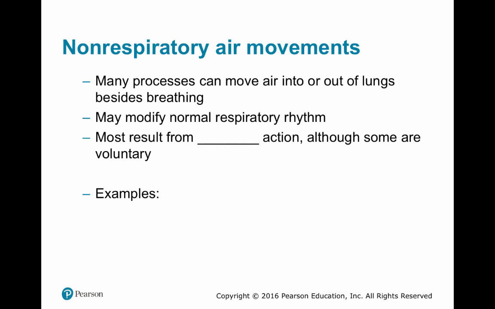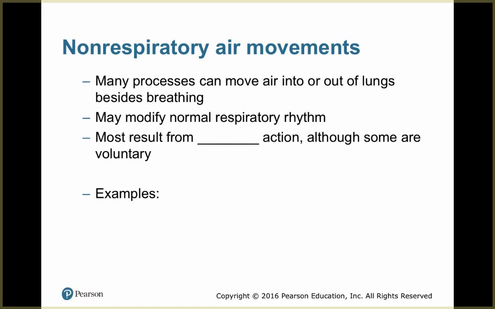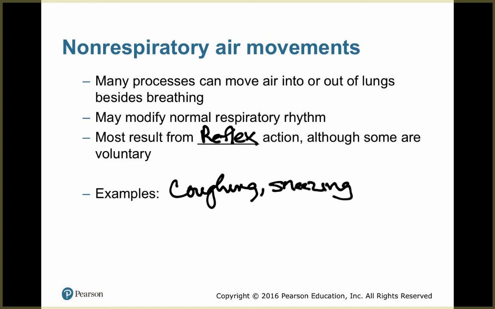There are a lot of processes that can move air into or out of the lungs besides just natural breathing, and they may modify normal respiratory rhythm. Most of these result from what are known as reflex actions, though some are voluntary. Examples of this are coughing or sneezing, which are both reflex actions.